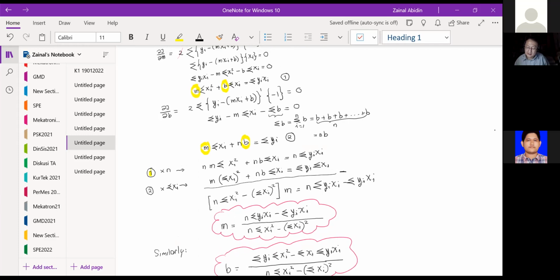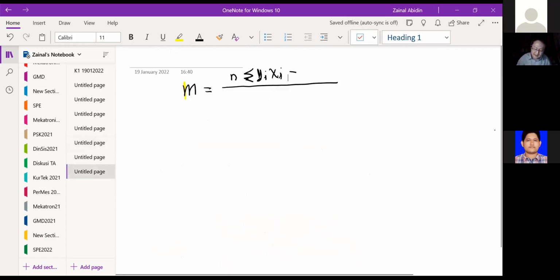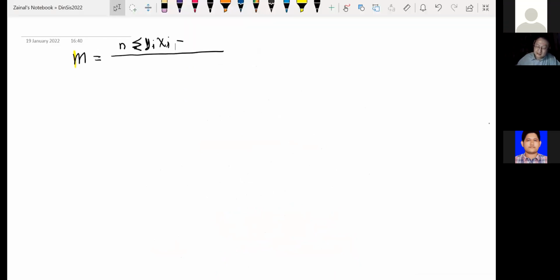Sigma, kayaknya sih nggak salah sih. Saya yakin nggak salah, tapi kok kalau persamaannya gini, sebentar ya, saya merasa nggak salah itu. Saya tulis saja.